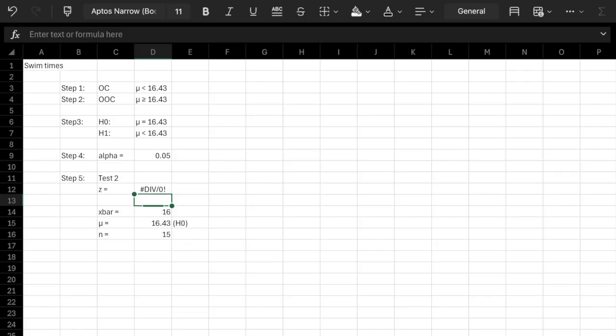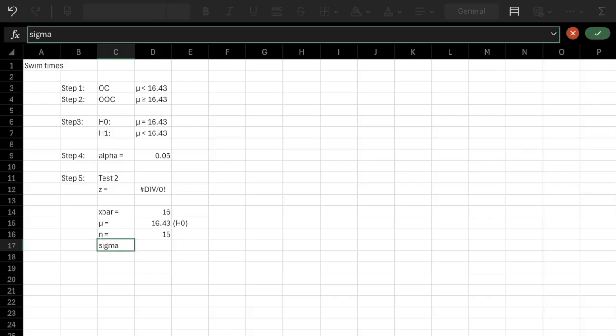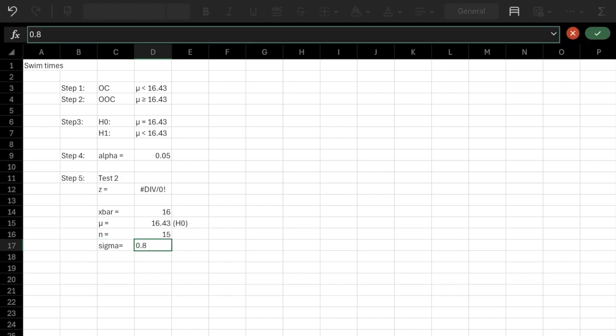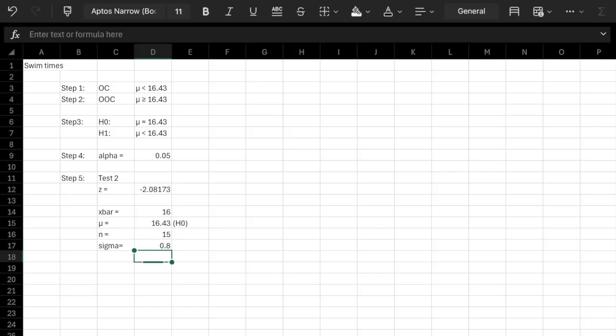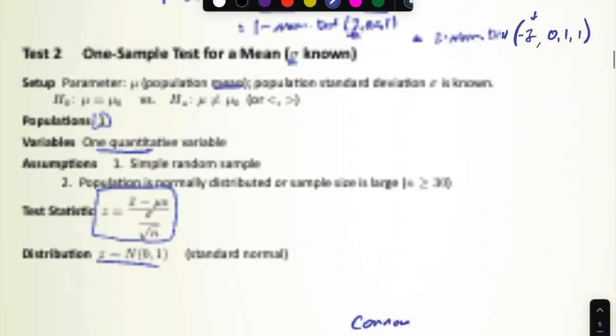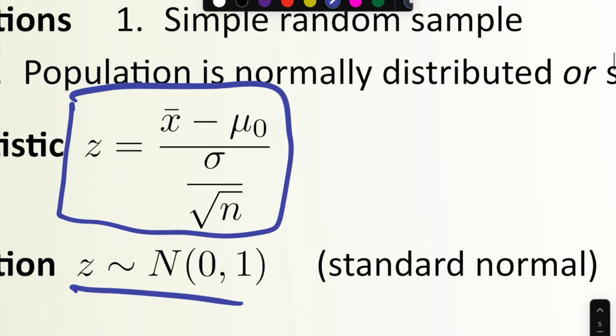Yeah, divided by 0, because I haven't put in my sigma yet. Okay, sigma is going to equal 0.8. Enter. Okay, there's my z-score, -2.08. Let me take a look at that again. That right there is exactly the formula that we had as our z-score.